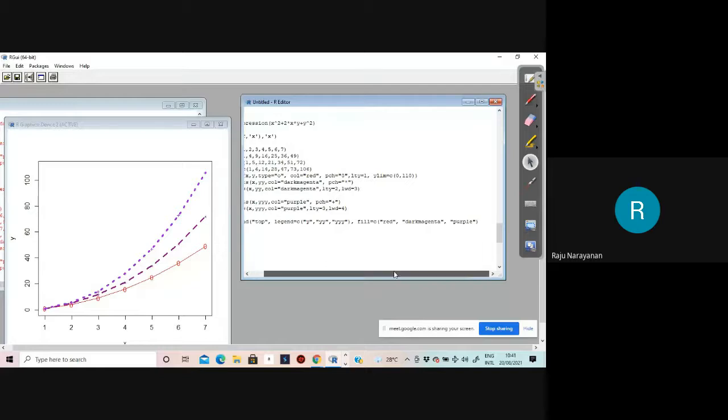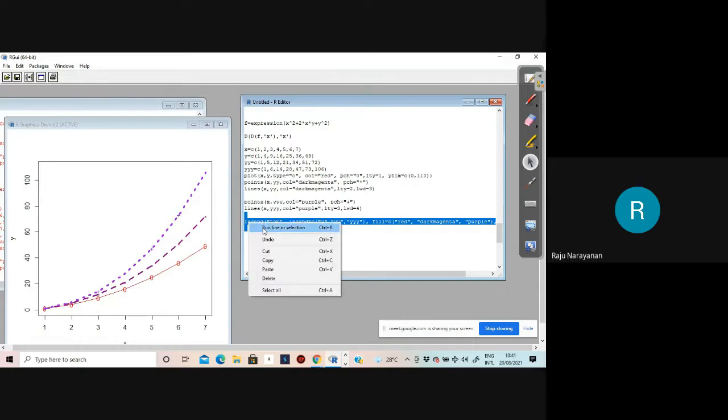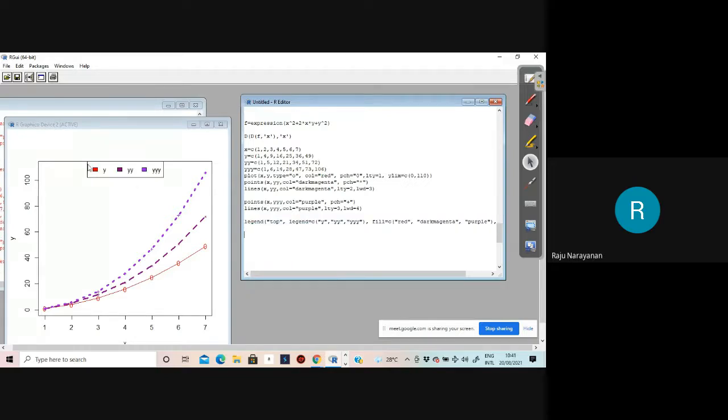Then I want horizontal, which may be good. Horiz is equal to true. Yeah. Now it is touching the top side. Suppose you want to put it below. Here, what is x-axis? X-axis is 2.5.